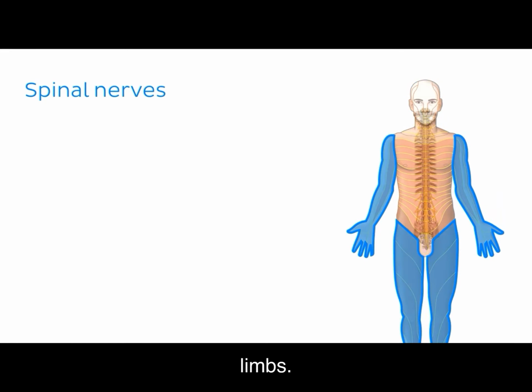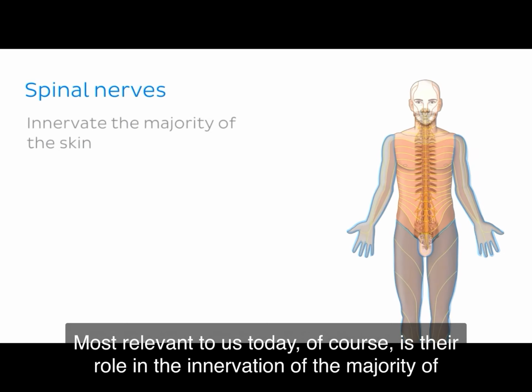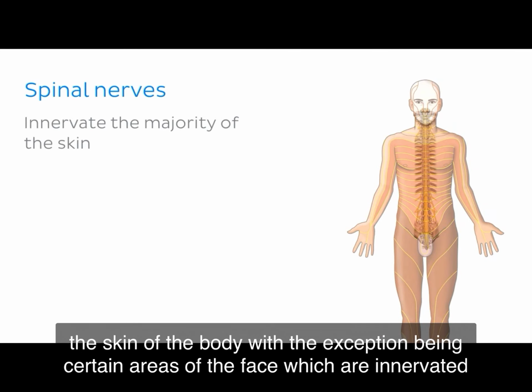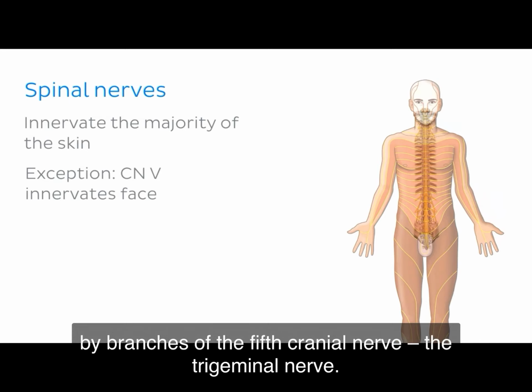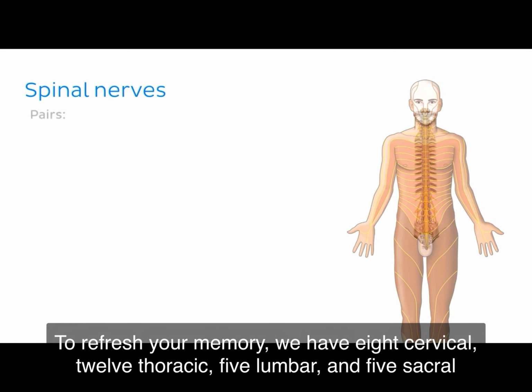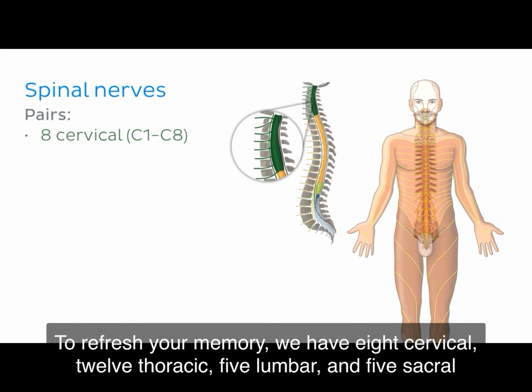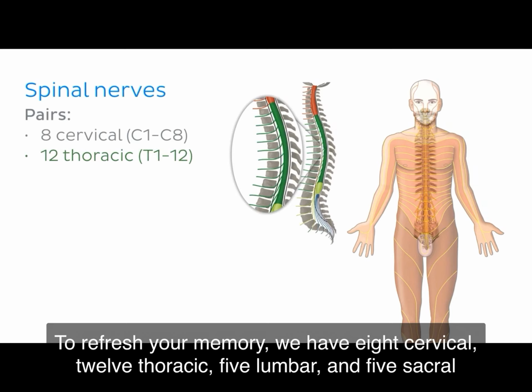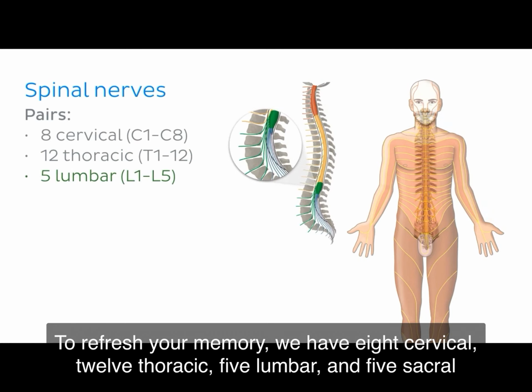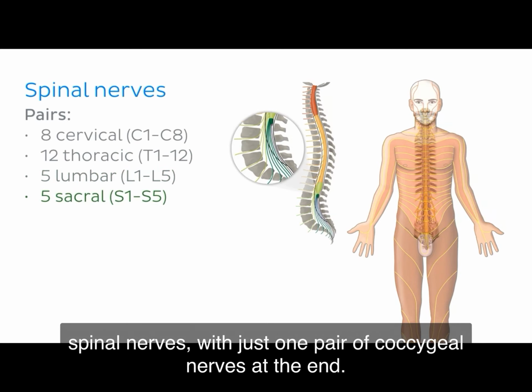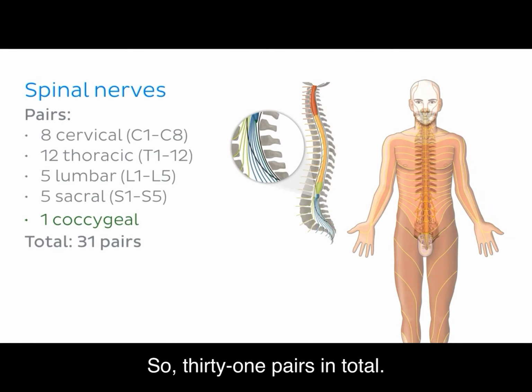Most relevant to us today, of course, is their role in the innervation of the majority of the skin of the body, with the exception being certain areas of the face which are innervated by branches of the fifth cranial nerve, the trigeminal nerve. To refresh your memory, we have 8 cervical, 12 thoracic, 5 lumbar, and 5 sacral spinal nerves, with just 1 pair of coccygeal nerves at the end, so 31 pairs in total.